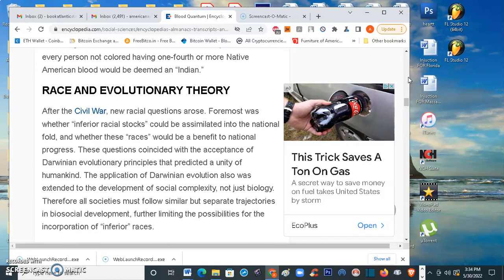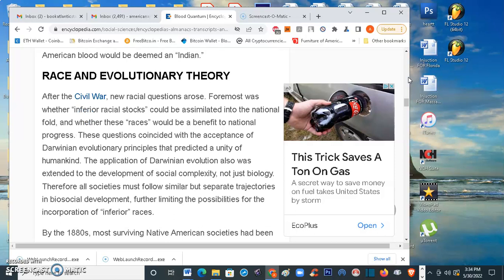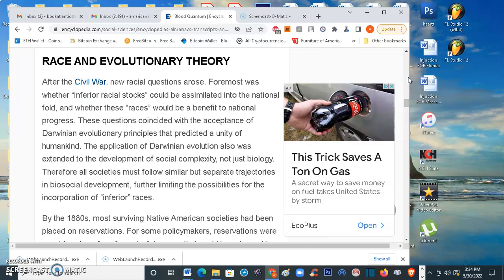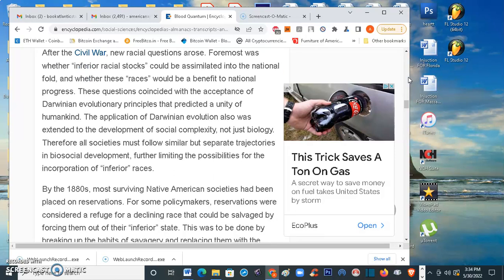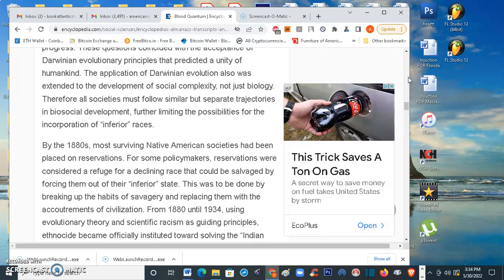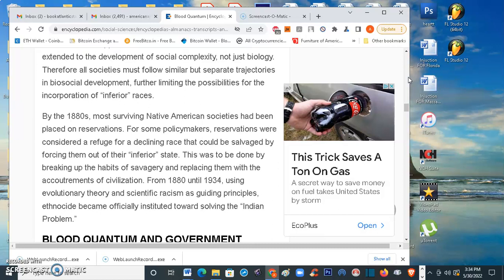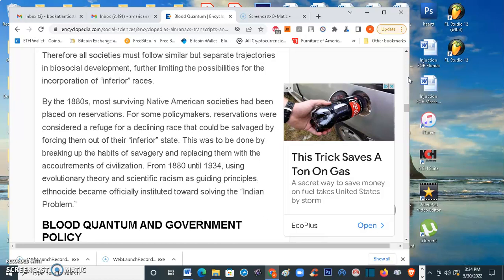The application of Darwinian evolution also was extended to the development of social complexity, not just biology. Therefore, all societies must follow similar but separate trajectories in biosocial development, further limiting the possibilities for the incorporation of inferior races. By the 1880s, most surviving Native American societies had been placed on reservations.